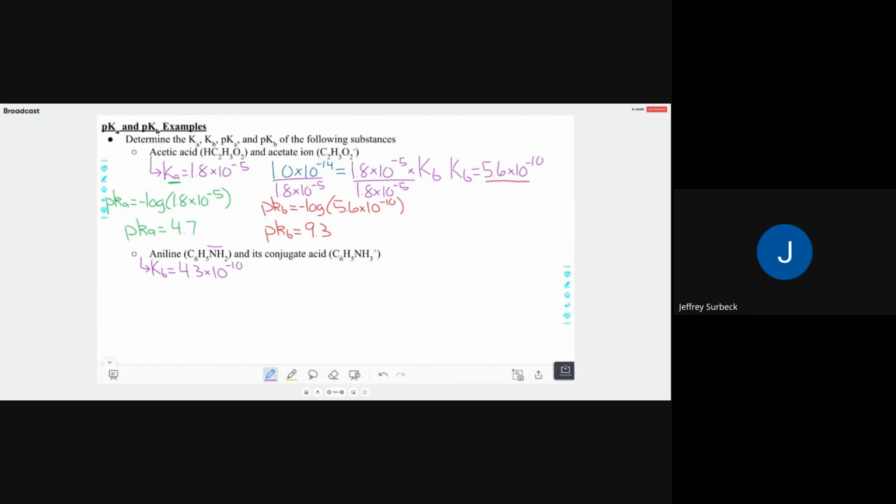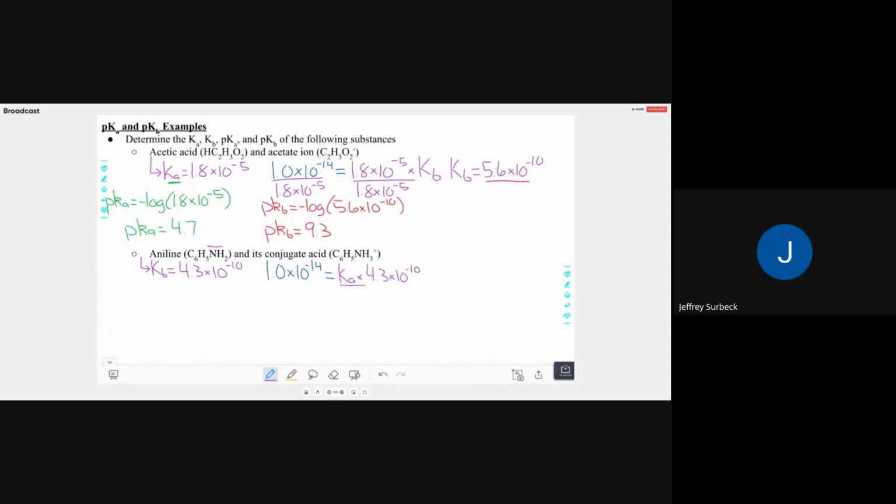Now, to find out our Ka, all we would do is plug it into our formula where 1.0 times 10 to the negative 14th is equal to our Ka, which is something that we don't know, times our Kb, which is now 4.3 times 10 to the negative 10th.